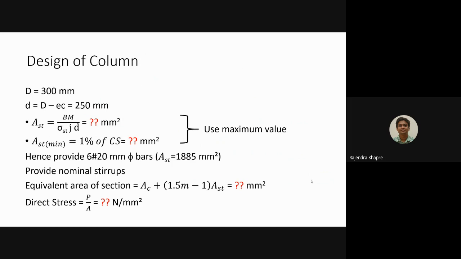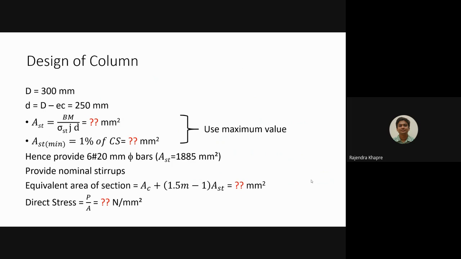So here we have already assumed the depth of the column as 300 mm. The effective depth, if you see the effective cover of 50 mm, we can have the effective depth as 250 mm.